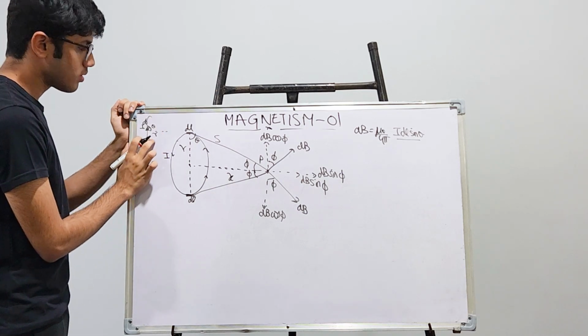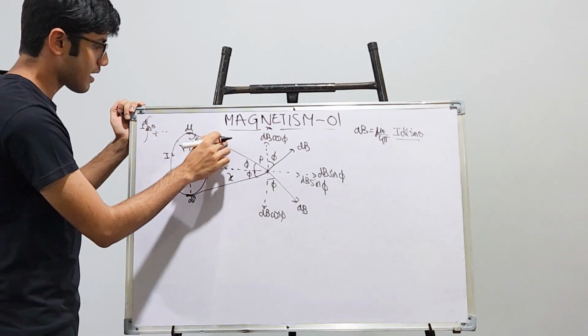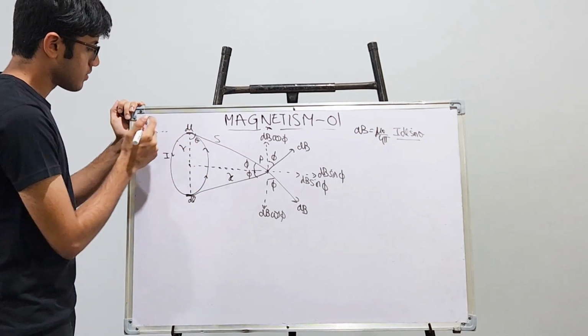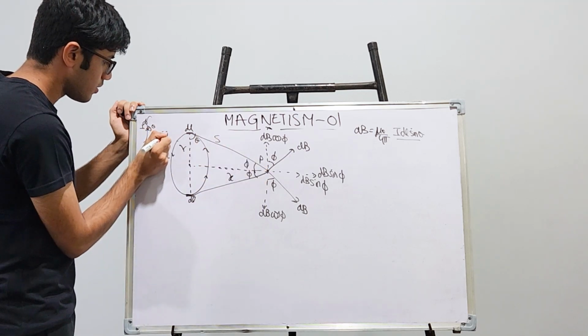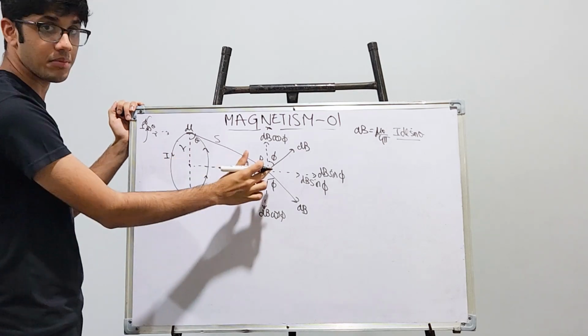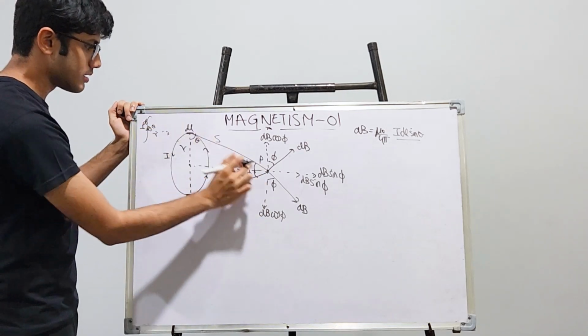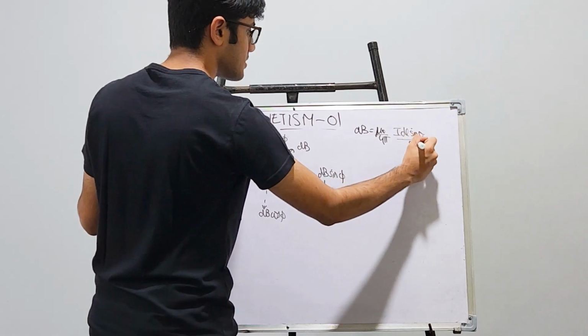So this r should in fact be s, because if this is dl and this is the point P, we need to take the distance between dl and P, and not between the center and P. So this distance is s, so this would be mu naught by 4 pi I dl sin theta by s squared.